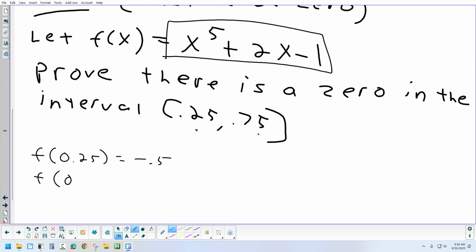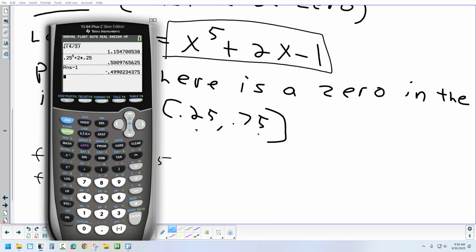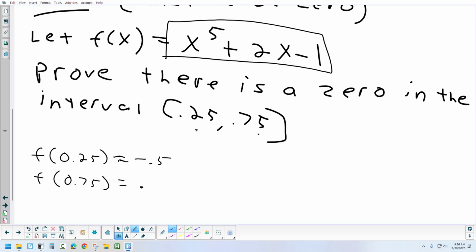And let's do f of 0.75. So 0.75 raised to the fifth plus 2 times 0.75, and then minus 1. Okay, I get about 0.74. Okay, so I've plugged them each in. Now what?